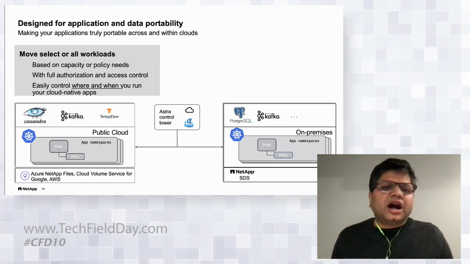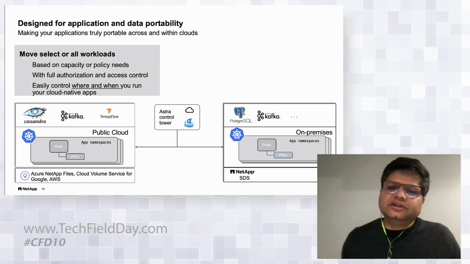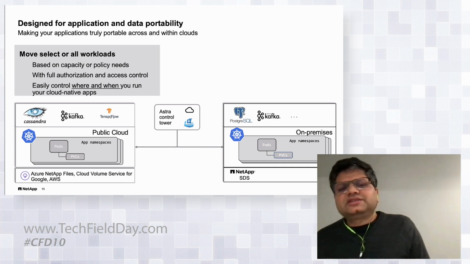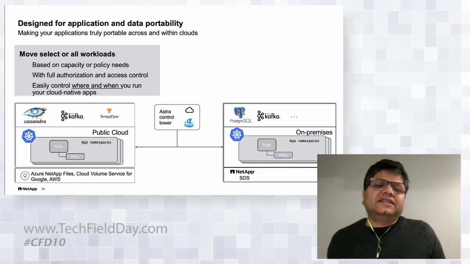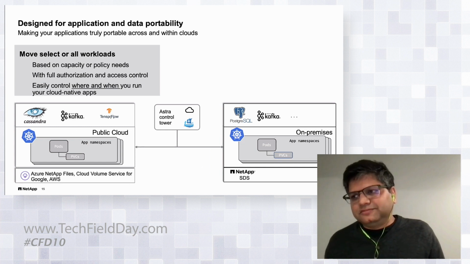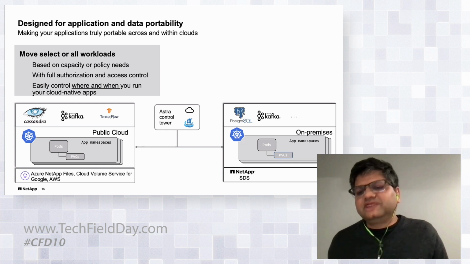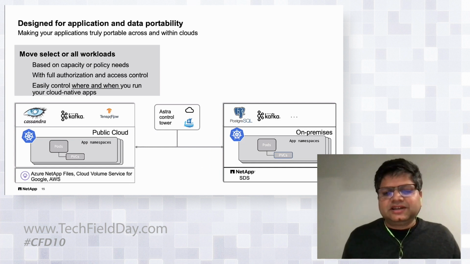There are other requirements like follow the sun, where you have application teams across the world who need to work on an app along with the data at different times of the day. So there are so many use cases for this, and we are building Astra to cater to all of these scenarios. That's the most powerful part: not a bunch of command lines and configuration tools, but just 2 clicks, and you'll see the power of it when we do the demo. This is something that's very unique.